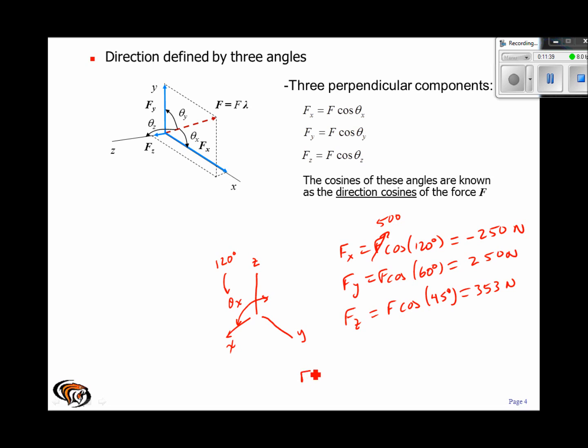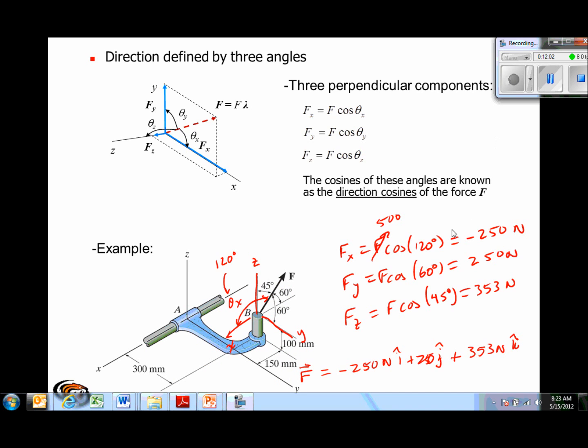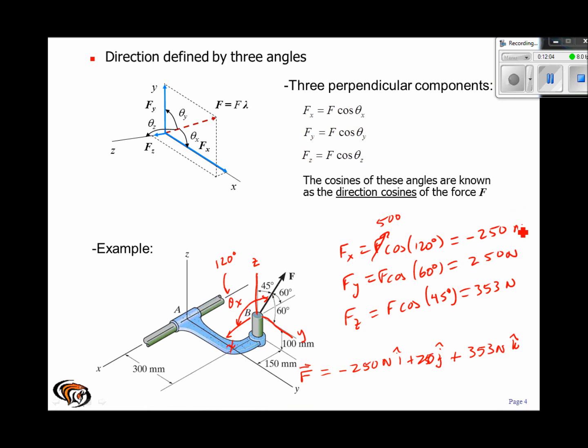So in vector form, our force is equal to negative 250 newtons in the I plus 250 newtons in the J plus 353 newtons in the K direction. Apologize for this. So there's the final product.